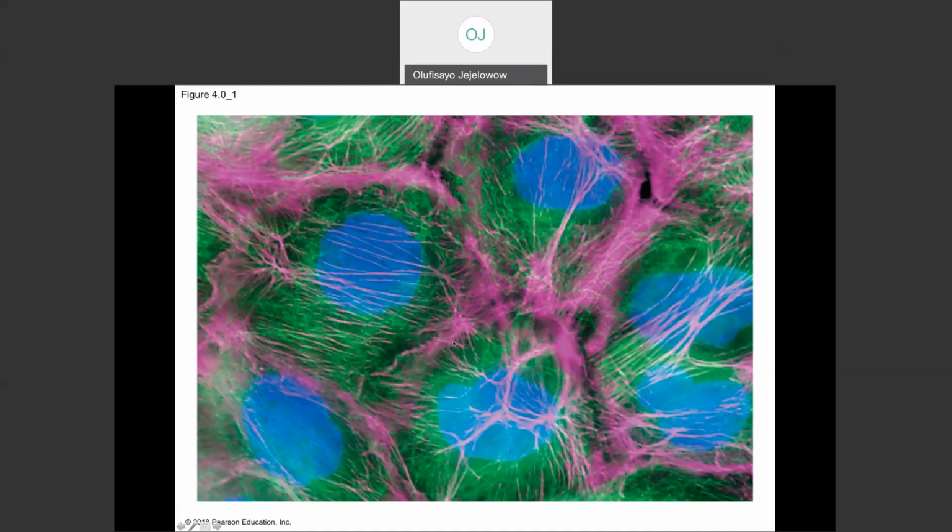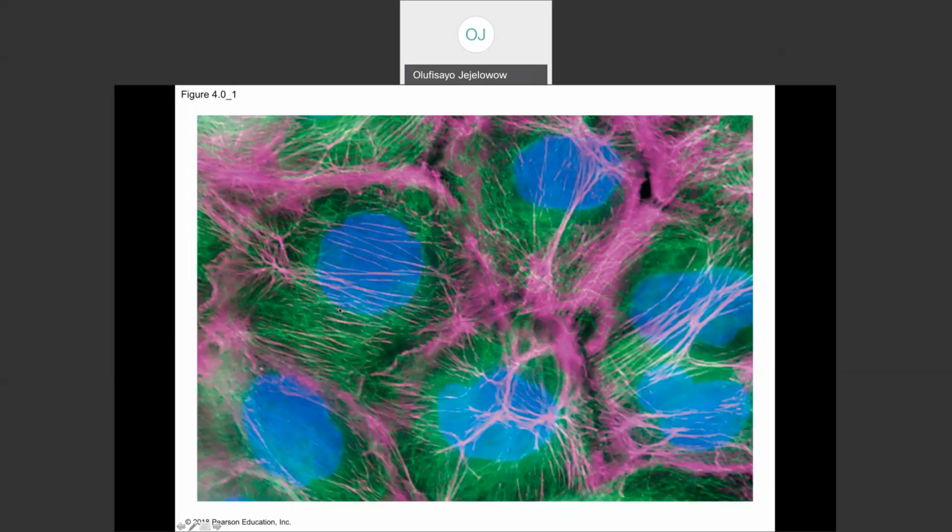The cyto is anything of the cell, and the skeleton gives the cell its integrity and allows mobility within the cell, forming a similar structure to what the skeletons of humans and other animals do for them.